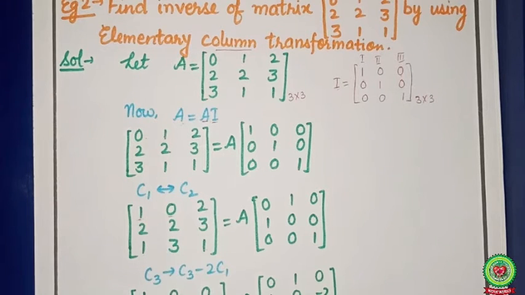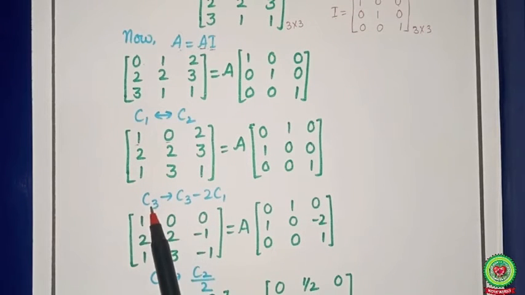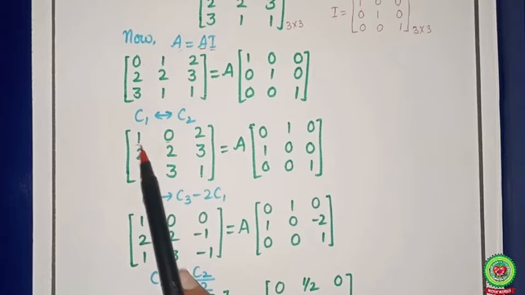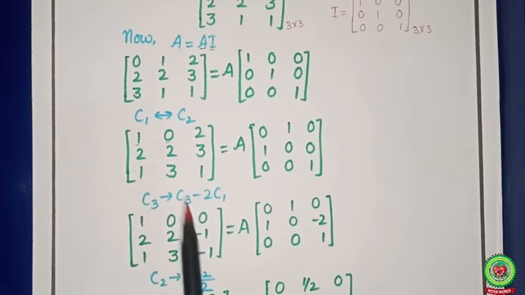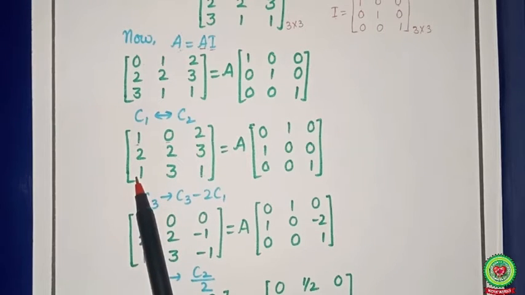So we apply the operation column 3 changes to column 3 minus 2 times column 1. Same application here: 2 minus 2 will be 0, 3 minus 4 will be minus 1, and 1 minus 2 will be minus 1.